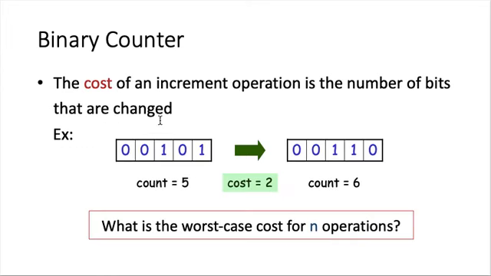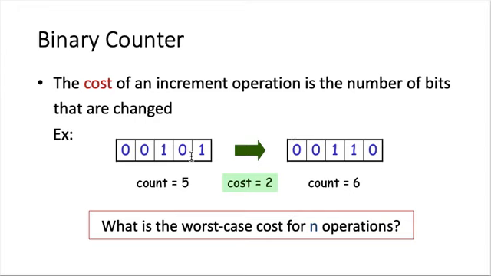Now for an increment operation, we measure the cost to be the number of bits that are changed. For instance, let's take a look at the left-hand counter. This is representing the count 5 because it is 0, 0, 1, 0, 1, which represents the number 5 in decimal. After one increment operation, the counter will change its contents to 0, 0, 1, 1, 0.